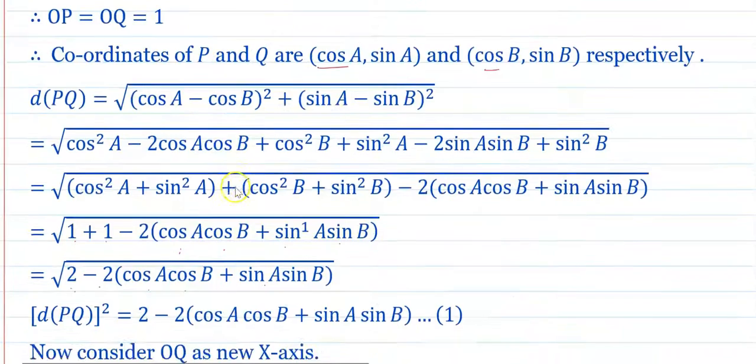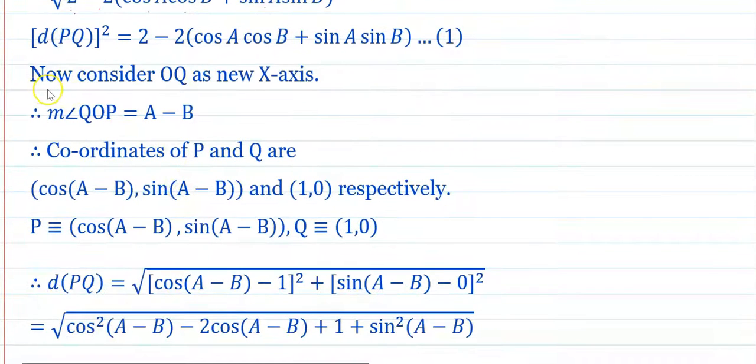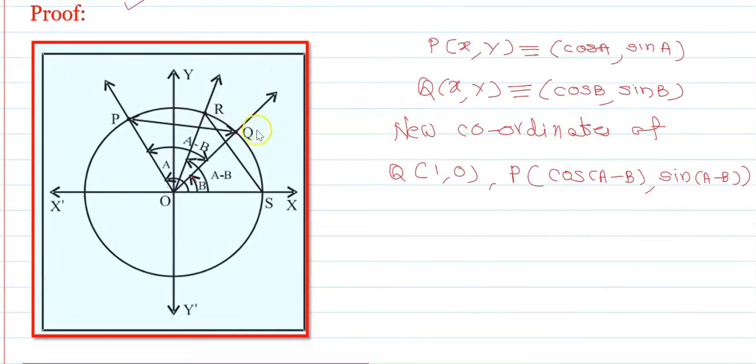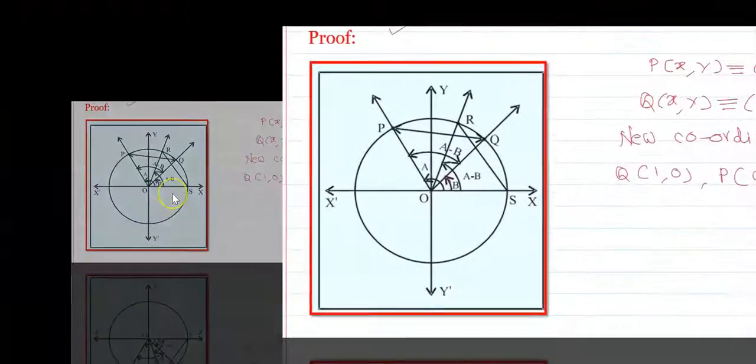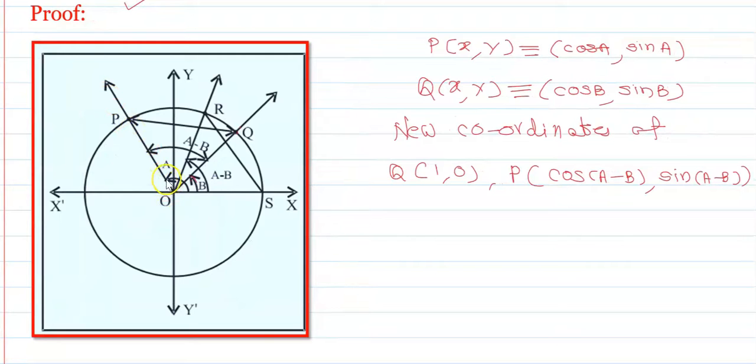Okay, see this here. We now consider the OQ as a new x-axis, and therefore the measure of angle QOP is equal to A minus B. See this here. Measure of angle QOP is A minus B. आता बघा इथे हा OX पासून या टर्मिनलचं means what? OP चं angle किती आहे?